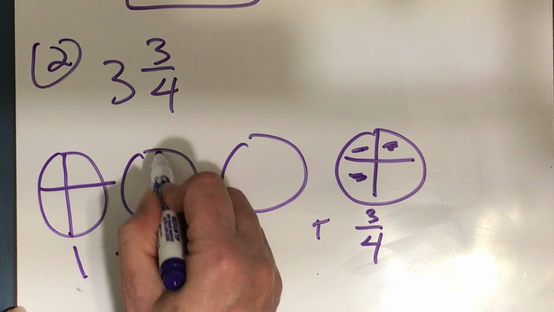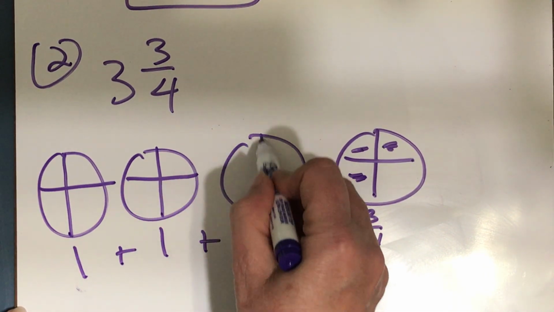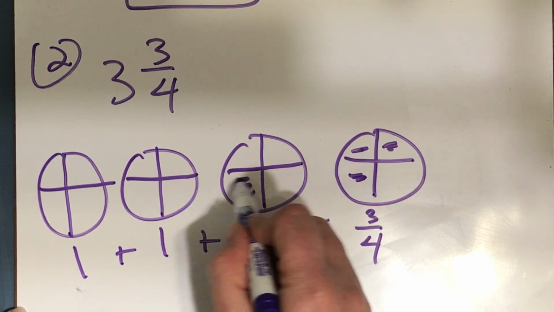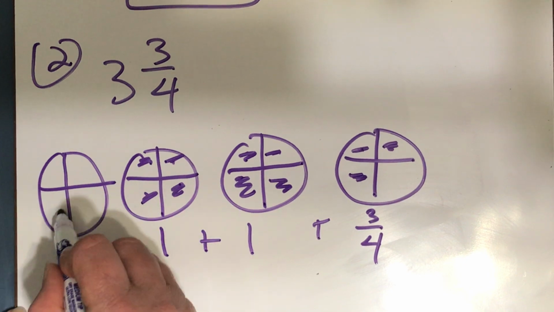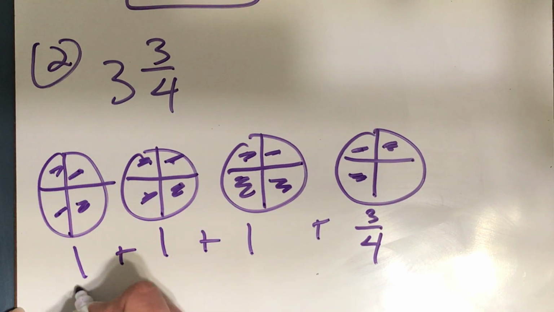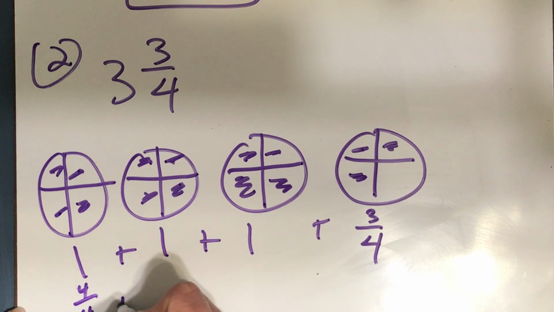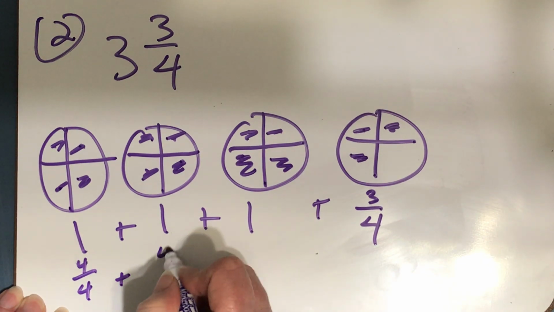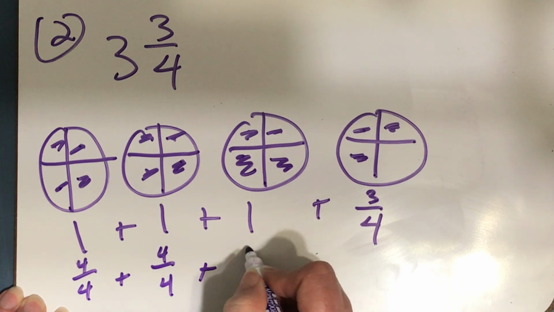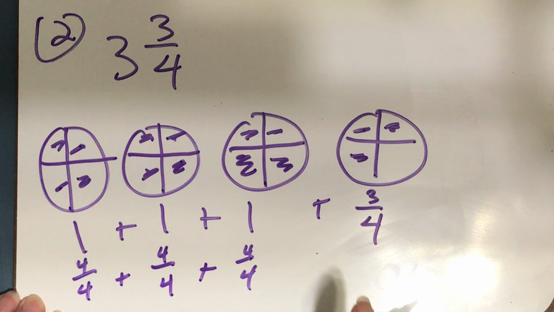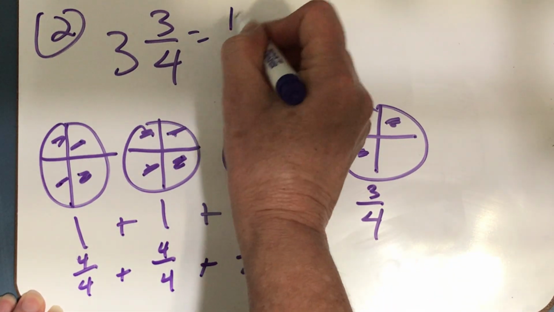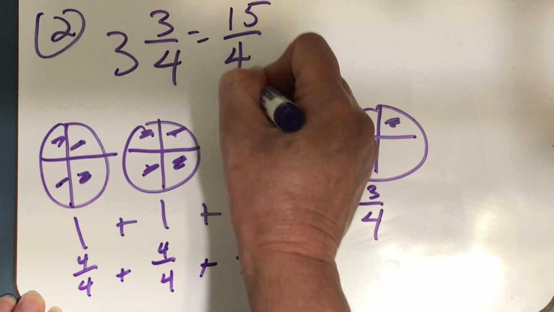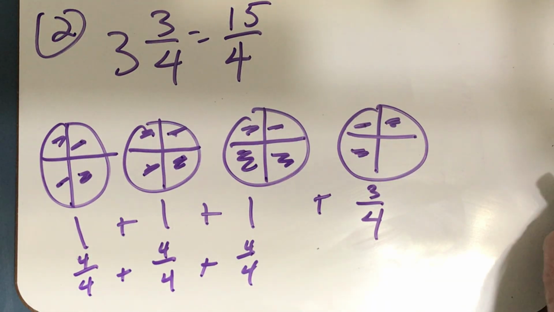So 4/4, 4/4, and 4/4. So that's 12/4 plus 3/4 equals 15/4. So 3 3/4 equals 15/4.